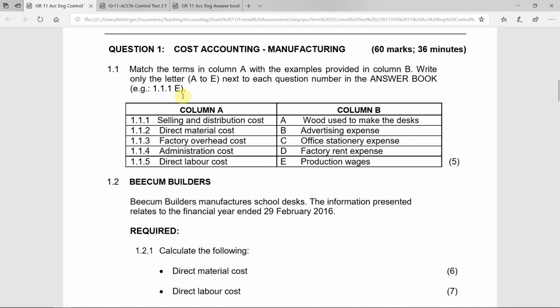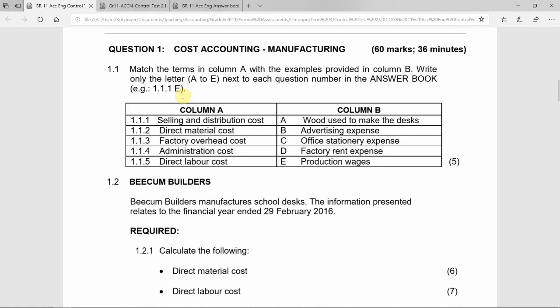Then we have direct material costs. So it's costs directly related to producing the product. In other words, as we produce more products, or as we use more material to produce the product, the costs will be directly proportionate to that.